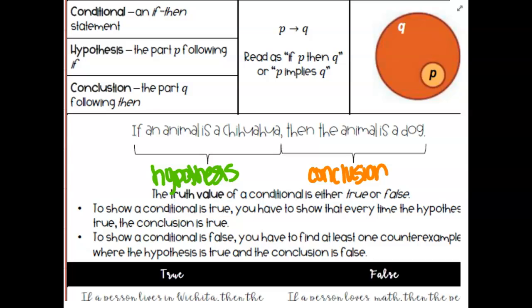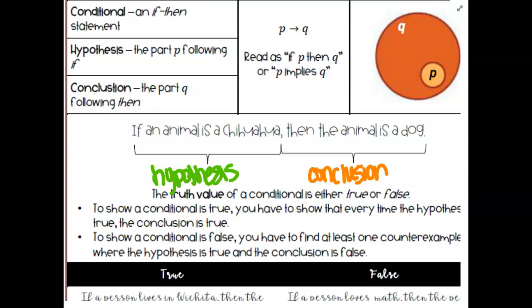Now, like I said, a conditional statement can either be true or false, okay? In order to prove that it's true, you have to be able to say that in every single instance of the hypothesis, every time that's true, the conclusion is also true. So in this example, every chihuahua in the entire world is also a dog.